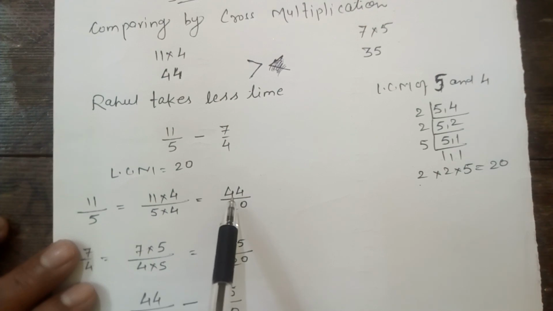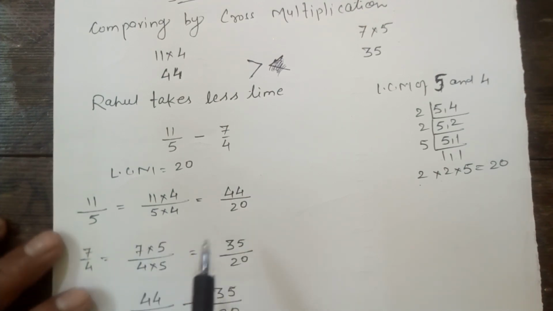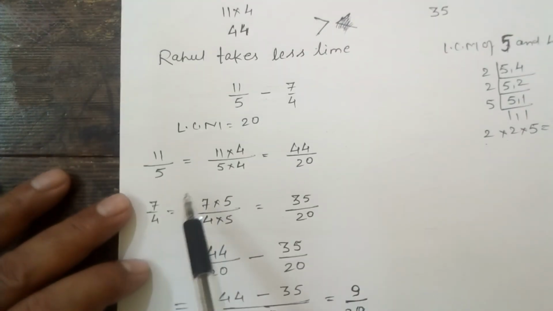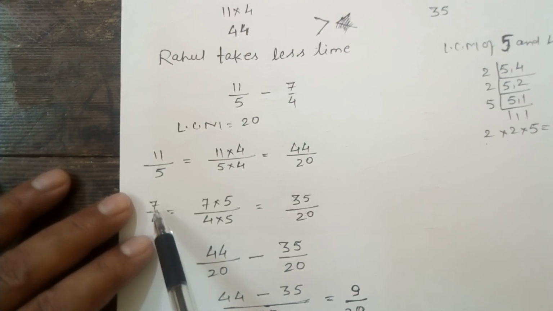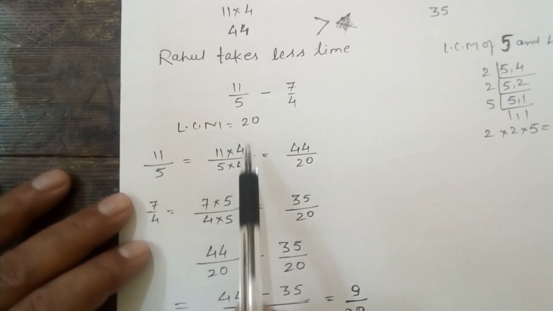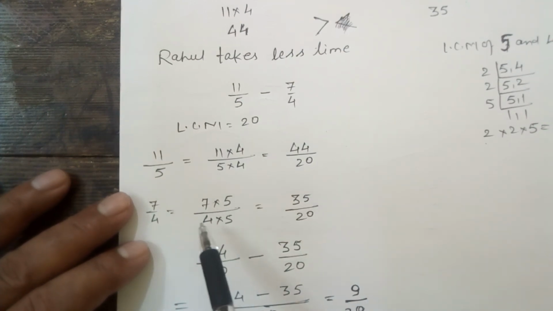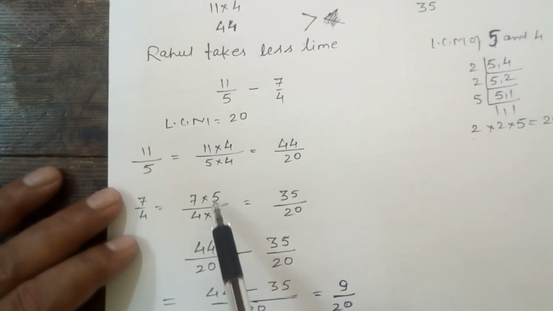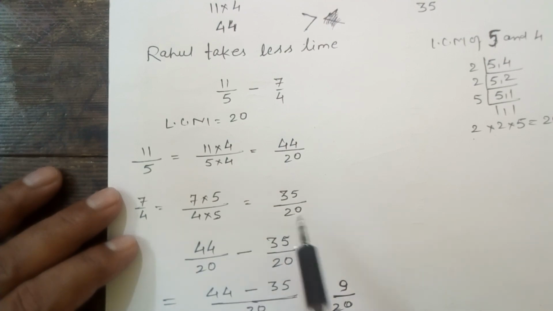And in the fraction 7 upon 4, numerator is 7, denominator is 4. 4 converted to 20. How? Look here, in numerator and denominator multiplied by 5. 7 5s are 35, 4 5s are 20.